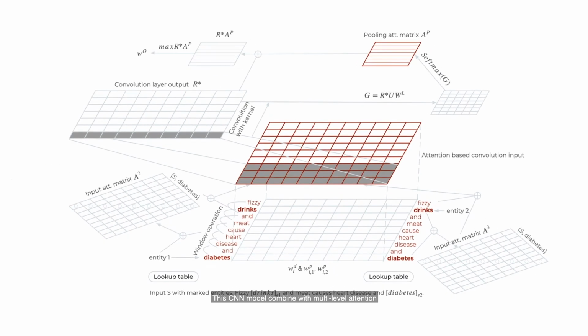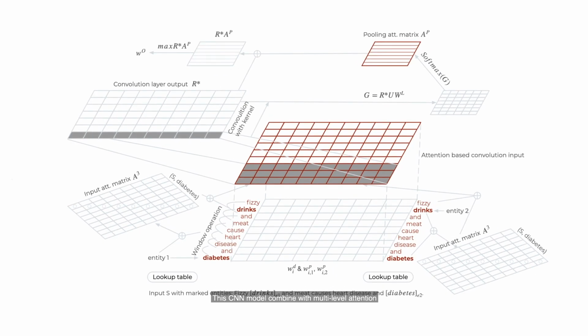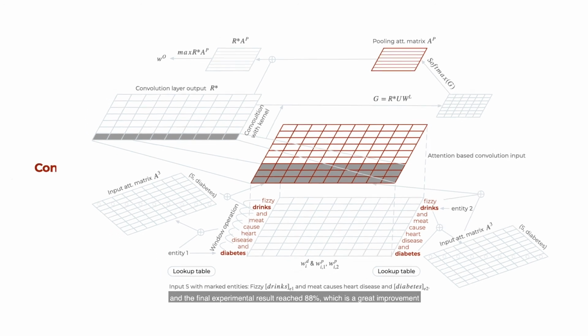This CNN model combined with multi-level attention designed a two-layer attention mechanism to highlight as much as possible which parts of the sentence have a greater contribution to the relation label. The proposal of this multi-layer attention is very unusual, and the final experimental result reached 88%, which is a great improvement.